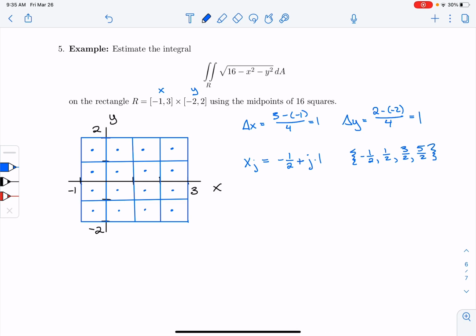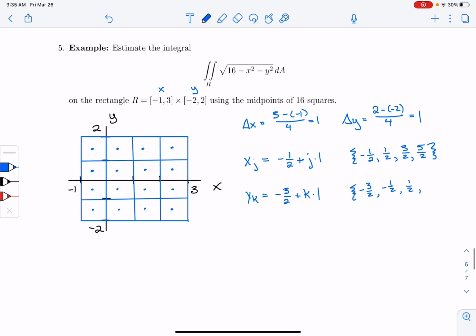And then for y sub k, if we want to define the midpoints for the y's, they're going to start at -3/2 in the y direction, and then we're going to add k times delta y, which is 1, and so the y's are going to be -3/2, -1/2, 1/2, and 3/2.